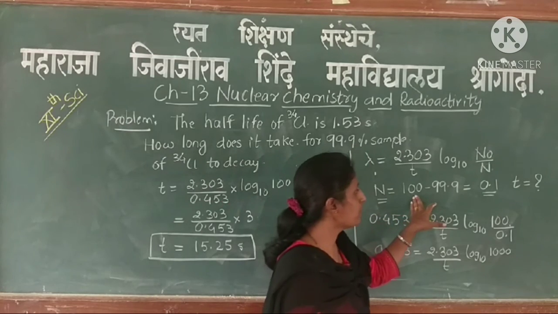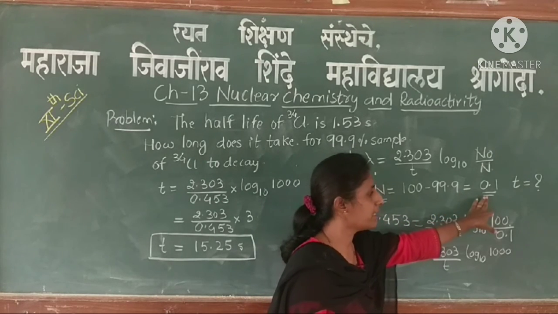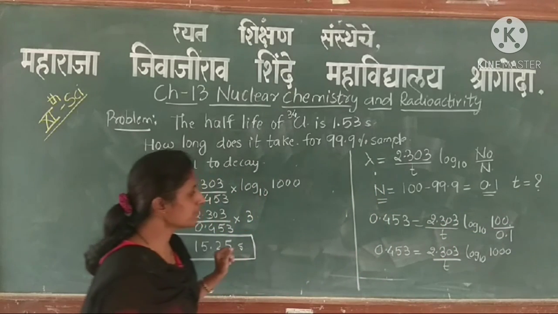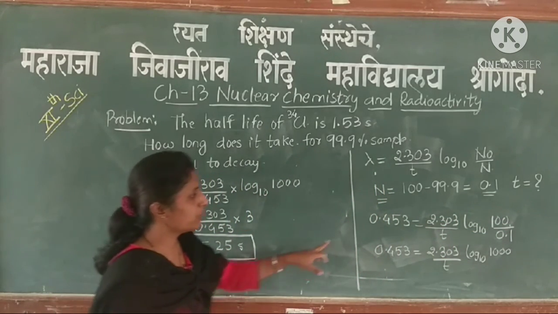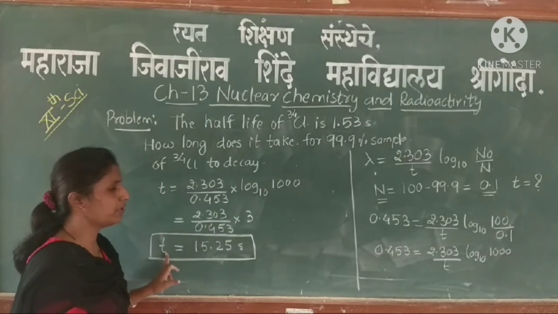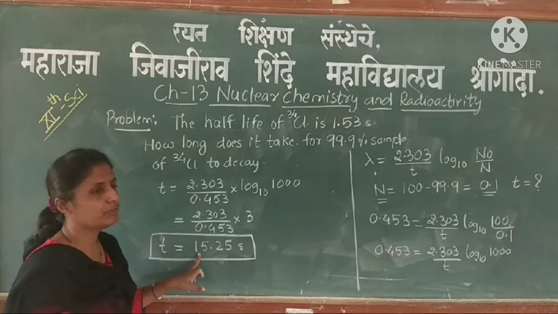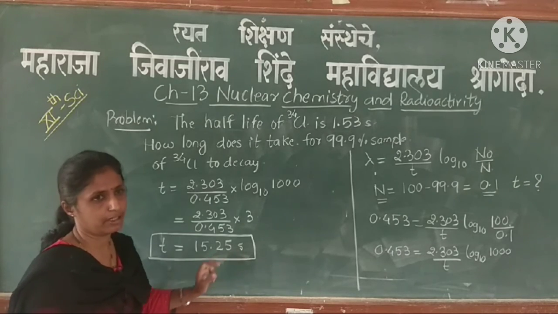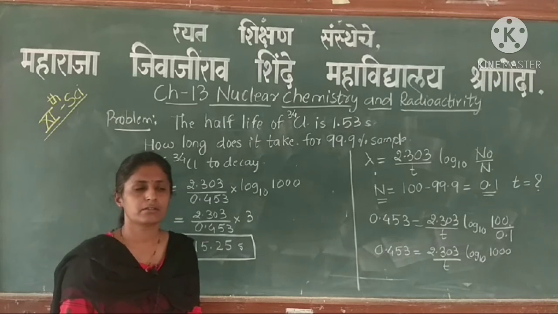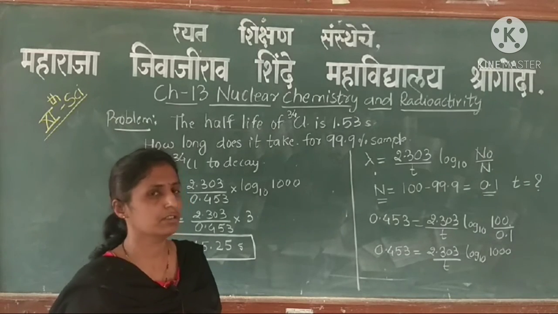So how much is left? 100 minus 99.9, that is 0.1 is left. Okay, then you have to substitute the values and you will get this value, and your final t will be 15.25 seconds. I hope you have understood this example. We will stop for this lecture. Thank you.